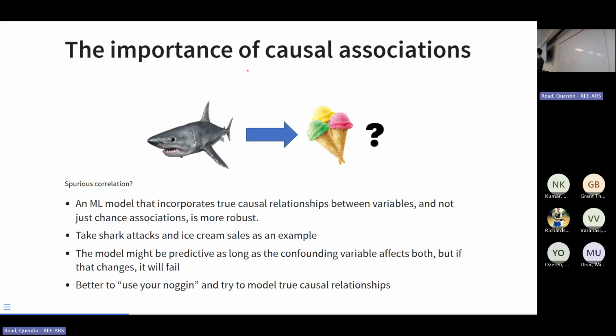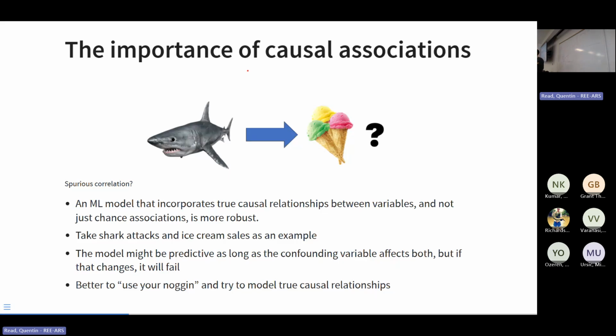It could work very well. You could get very accurate predictions, as long as that relationship holds. But that's not a true causal relationship. It's affected by the confounding variable of what season of the year it is.